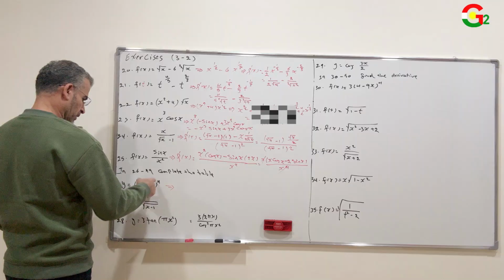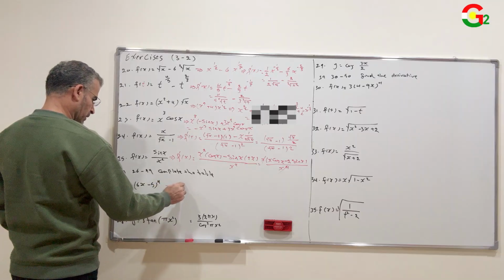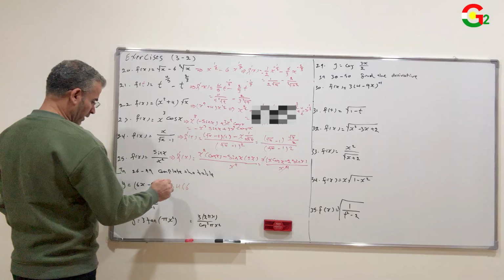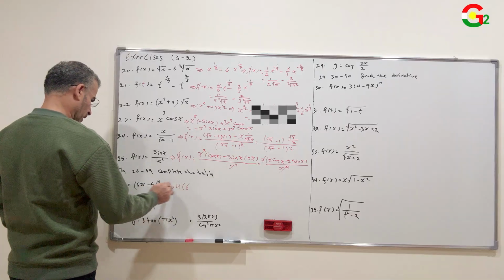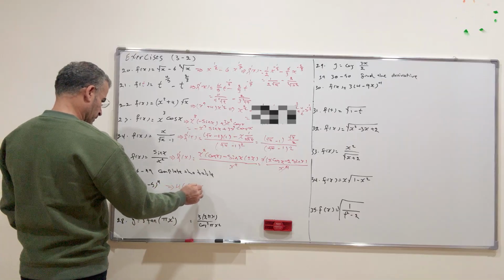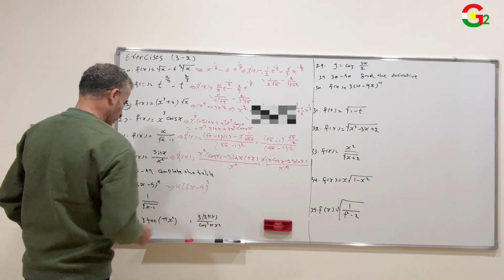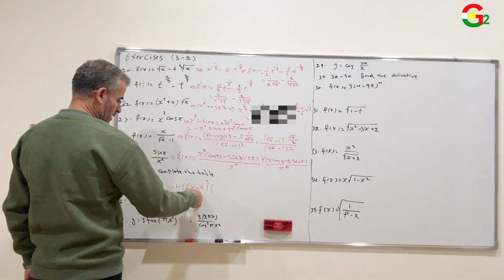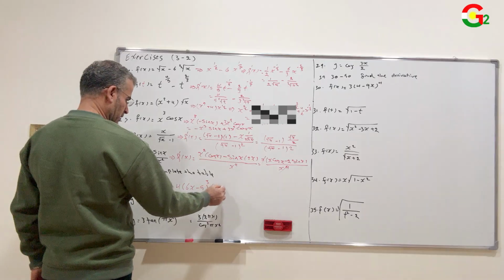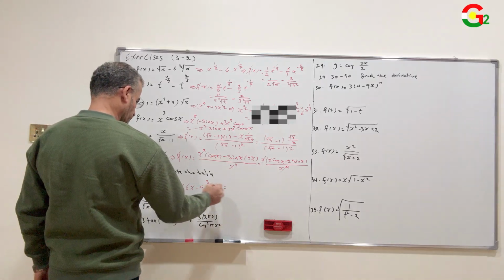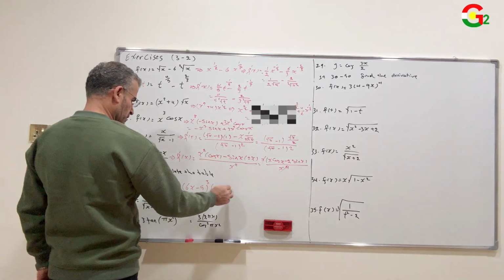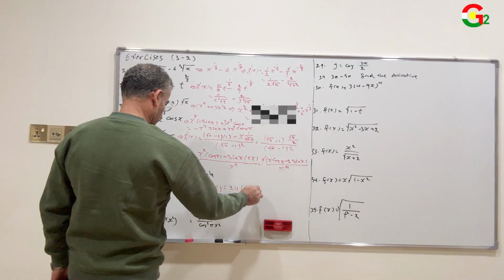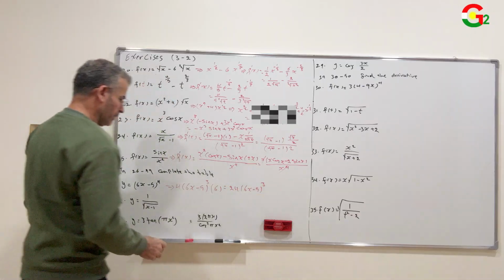Since it is a bracket to the power 4, find the derivative of the bracket first. 4 times 6x minus 5 to the power 4 minus 1, times the derivative of the term inside the bracket, 6, equal to 6 times 4, 24, 6x minus 5 to the power 3.